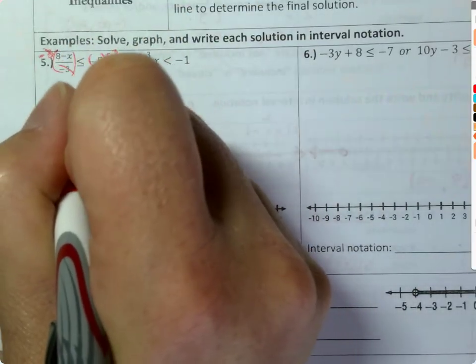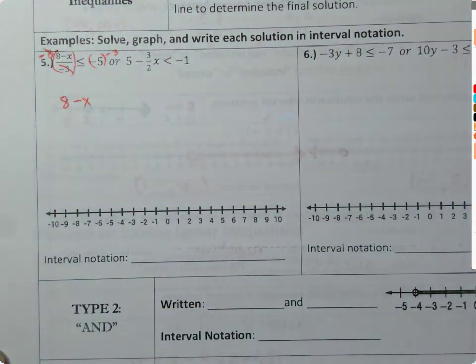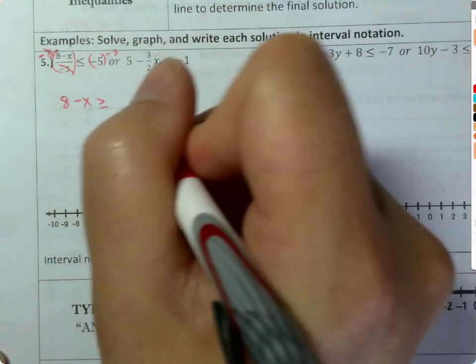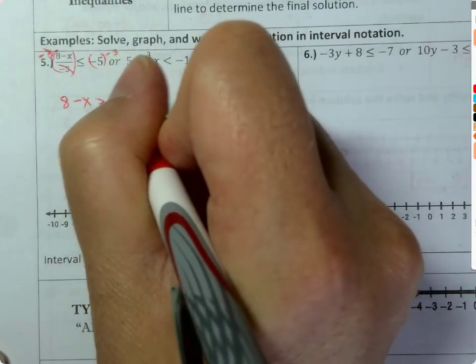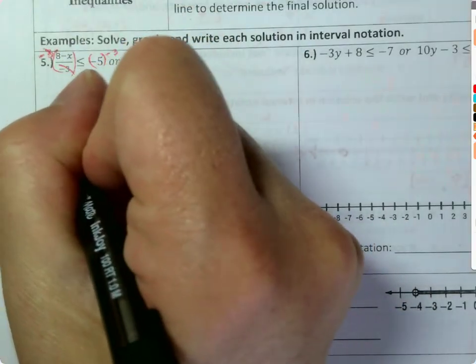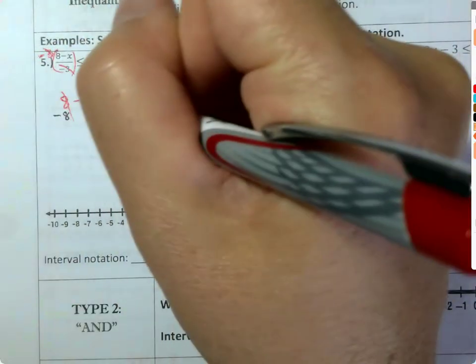Now be careful here. 8 minus x is what drops over. I multiplied by a negative, didn't I? So you better flip the inequality, and then negative 5 times negative 3 is 15. I'm going to leave x where it's at, and what should I do now? Subtract 8. But what's left on the left here?